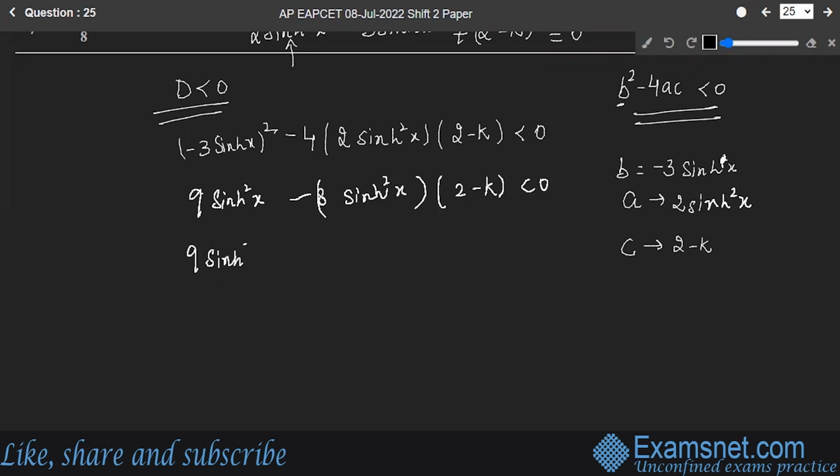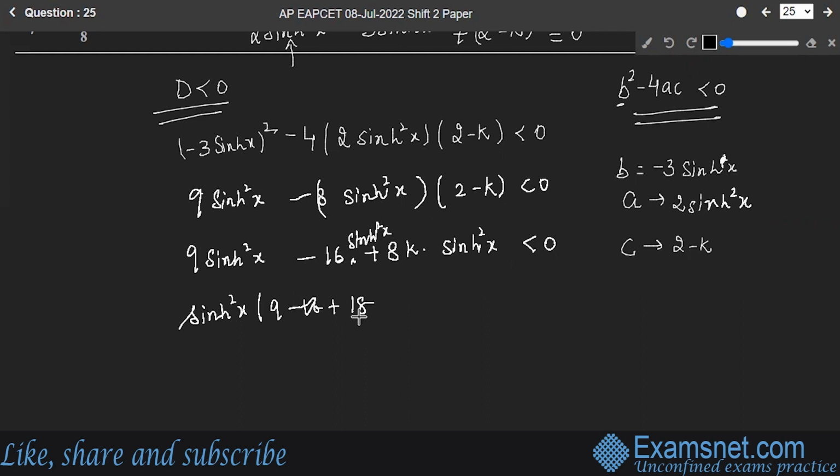That is 9 sinh square x minus 16 plus 8k sinh square x, if this is less than 0. So this makes it sinh square x; let's take that common: 9 minus 16 plus 8k. Here I forgot to write sinh square x.